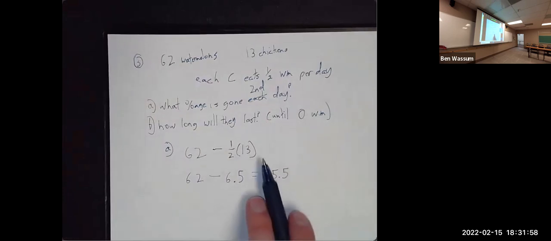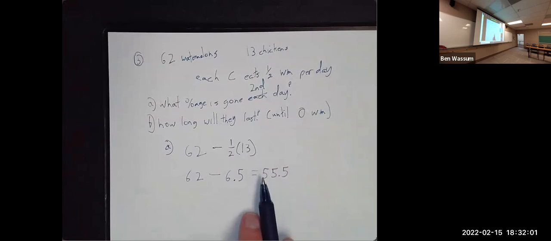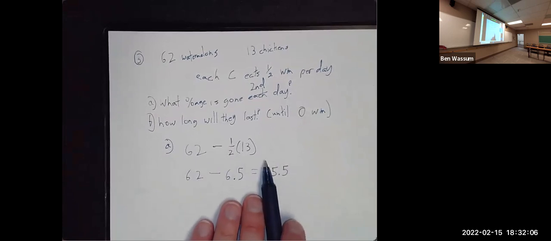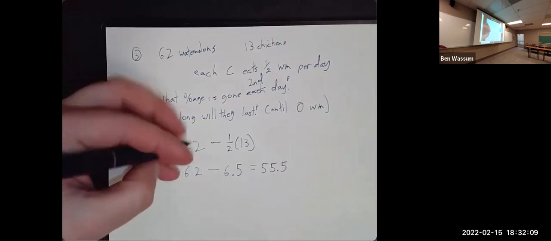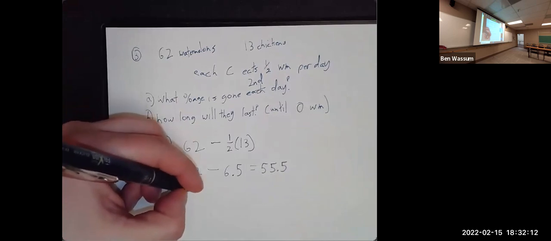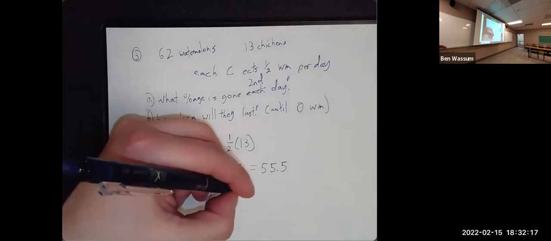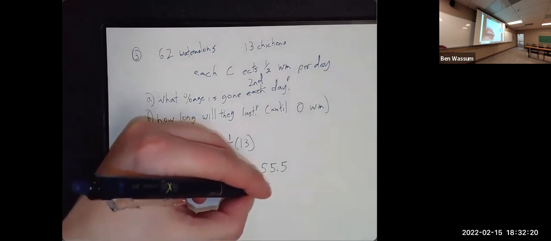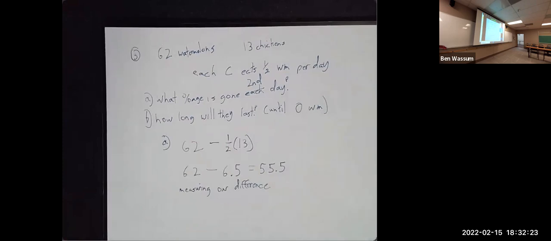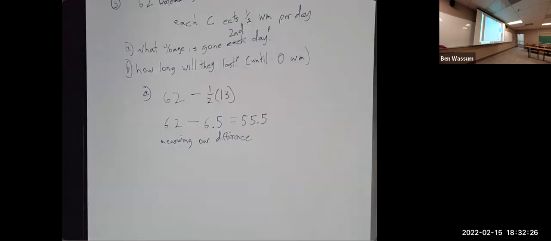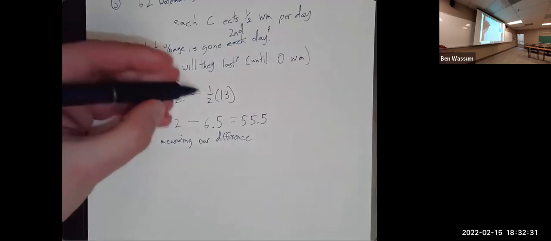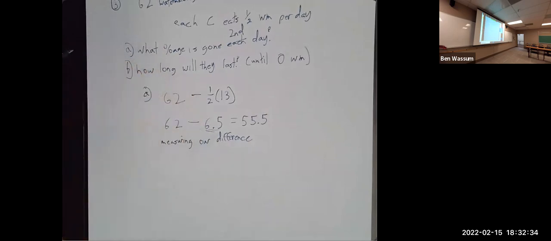Now we need to know what percentage of our amount did we lose since yesterday. So if we're measuring our difference, we need to figure out what our difference is, right? Like we need a solid number to say, this is how much is breaking down. Now, that ends up being the 6.5, right?